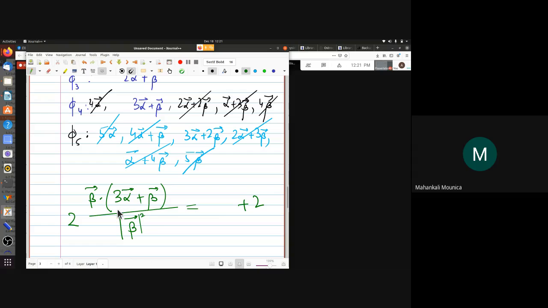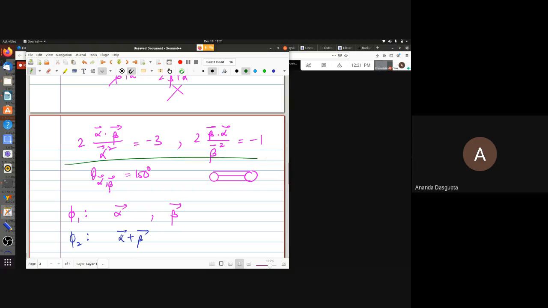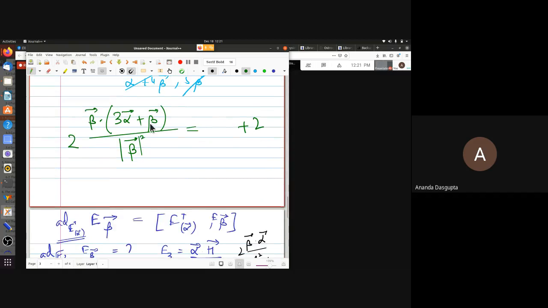Sir, could you repeat the question? No, I'm just asking for the value of this. The simple dot product. You don't have to calculate again. You have all the ingredients. Of course, that was at the top of the page, but all the ingredients you need are here. You just need these two. Twice beta dot beta by beta mod square is of course 2. And how much is this?